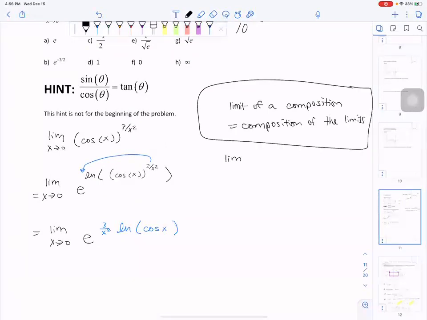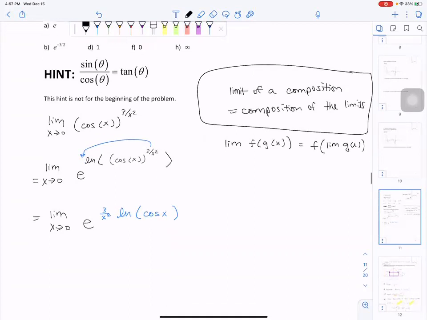Meaning if you have limit of f of g of x, that equals f of the limit of g of x. So in this case, we can move this limit: e to the limit of 3/x² natural log cosine x.